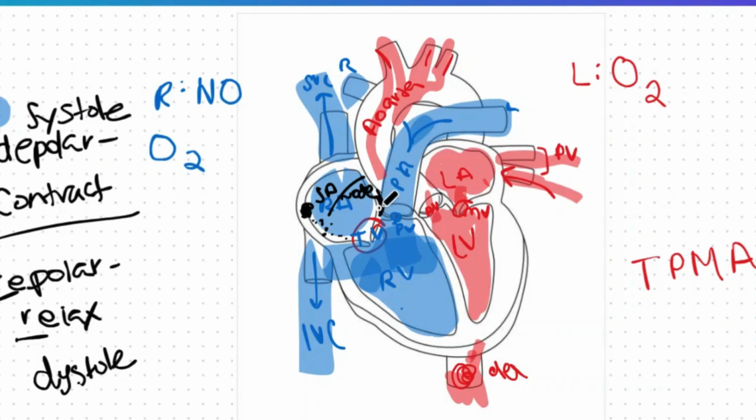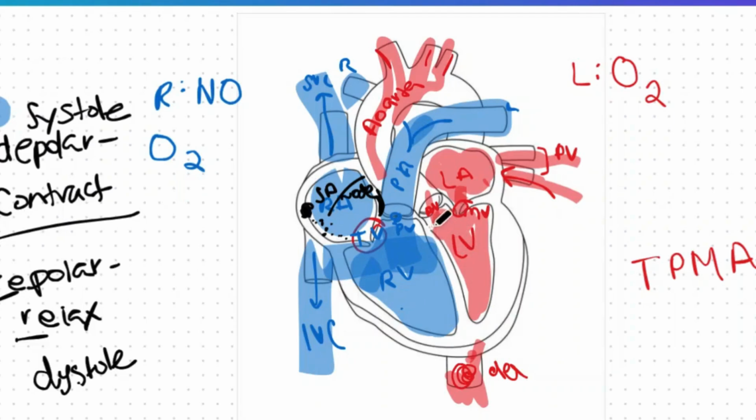Once it's delivered, these electrical fibers then get sent across something called the Bachmann bundles. Because how is the left side of the heart supposed to receive these electrical signals?